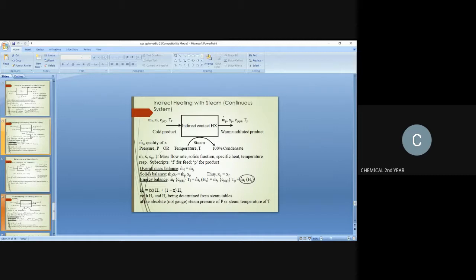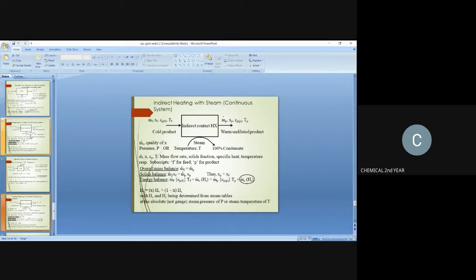Here we are given an indirect contact heat exchanger. So here steam is given in the form of condensate. So the temperature T is converted to 100% condensate. Our product will be a warm undiluted product. Here Mp is the mass flow rate of the product, Xp is the mole fraction of the product, Cpp is the specific heat of the product and Tp is the temperature of the product.